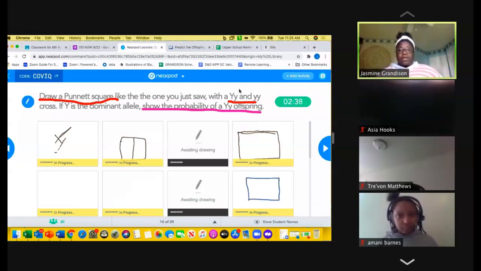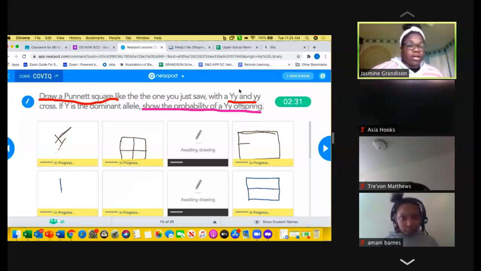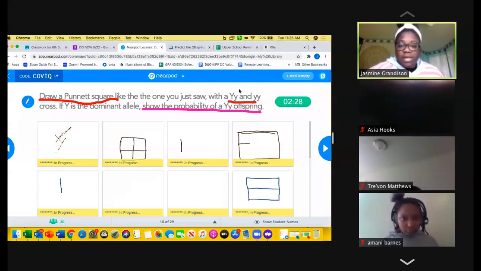Be mindful of your time. Great. Thank you to those of us who have those 4 boxes. Wonderful. Let's continue drawing, and then you're writing the alleles on the side and the top.